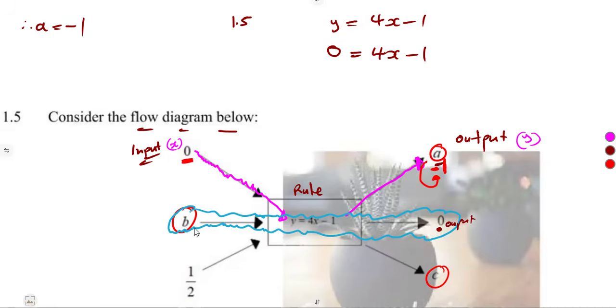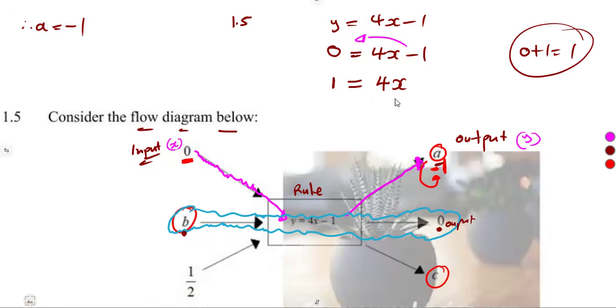It is equal to 4x minus 1. Suppose we do not have the x value. Our x value is B. B represents the x value. So by finding that x value, we are determining the value of B. Remember your equations. Solve your equations. Take the -1 to the other side. That becomes positive. Remember, the moment it crosses the equal sign, it changes the sign. So that's 0 plus 1, which is 1, equal to 4x.